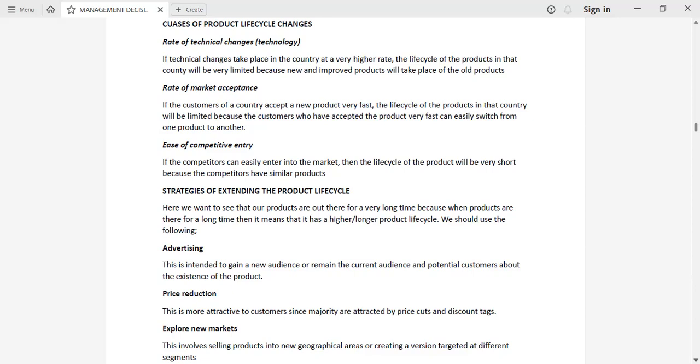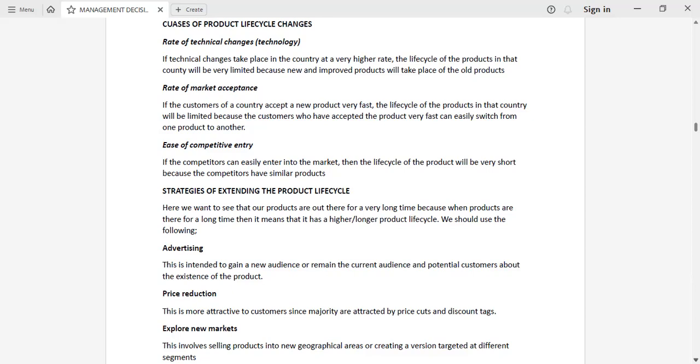The other one, we can talk about the rate of market acceptance. If the customers of the country accept a new product very fast, the life cycle of the product in that country will be limited, because the customers who have accepted the product very fast can easily switch from one product to another.